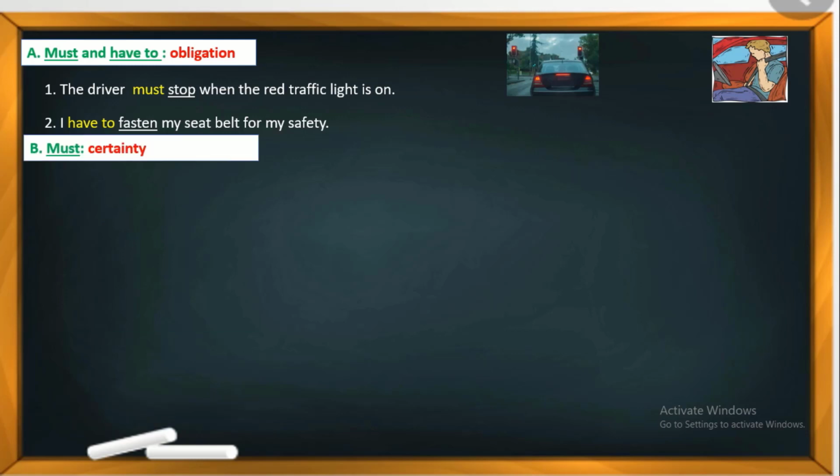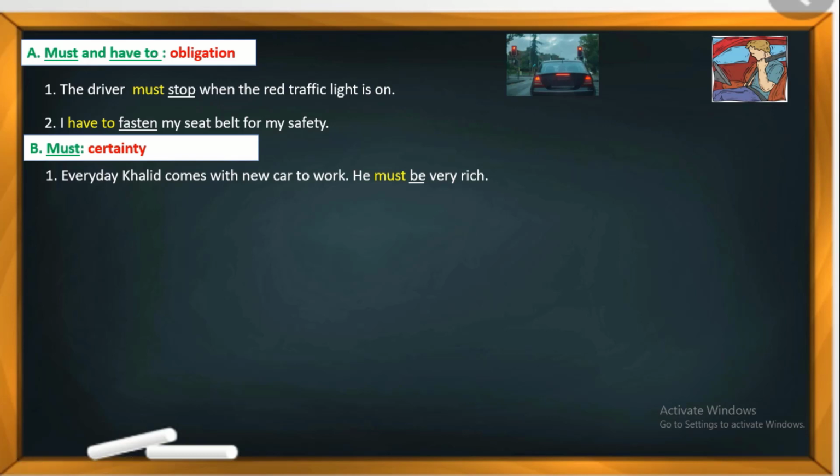Next, must for certainty. Certainty means the state of being sure. I am certain, I am sure. For example, every day Khalid comes with a new car to work. He must be very rich. What does it mean?